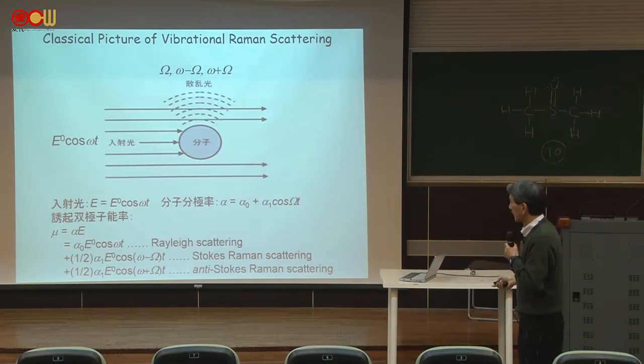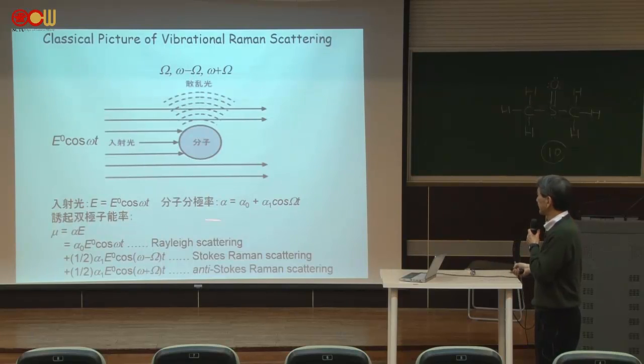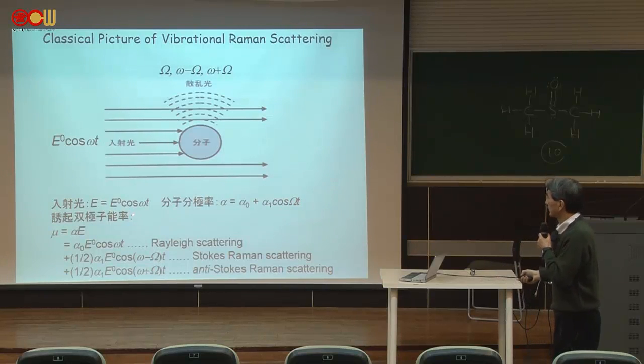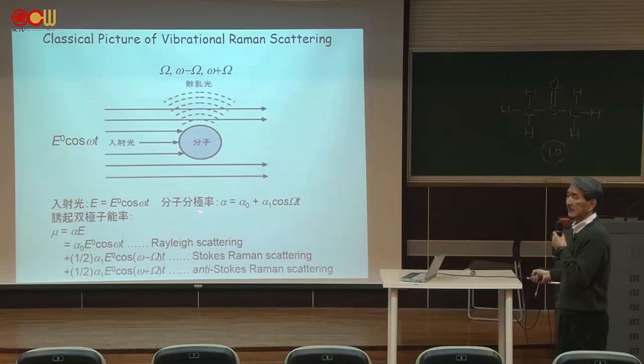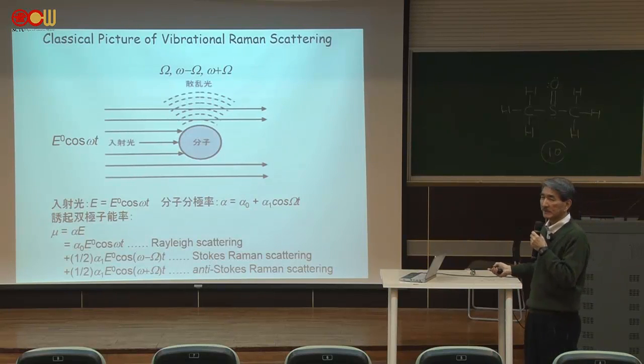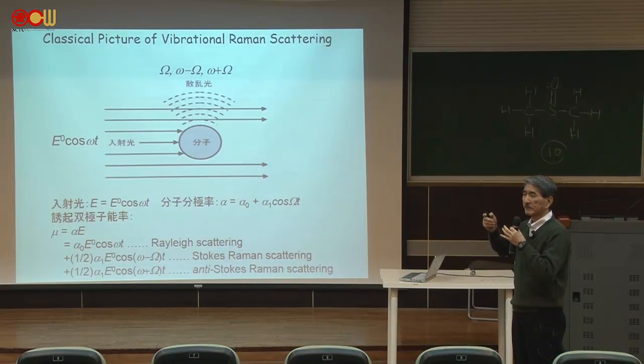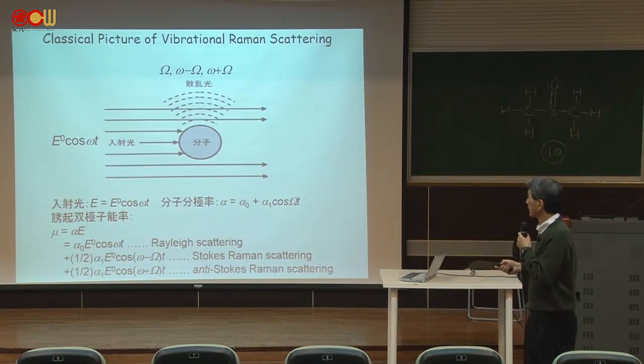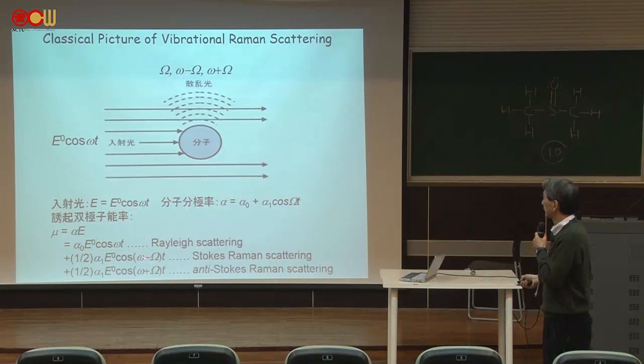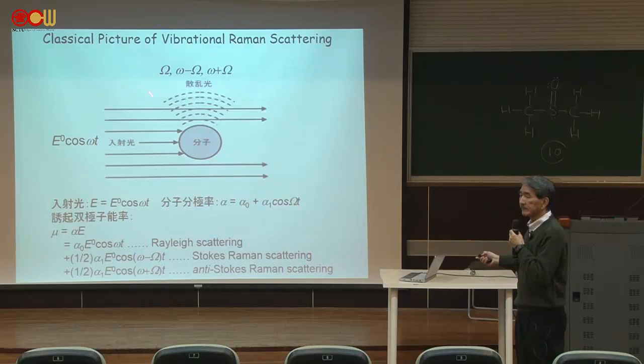And because you have two cosines, cosine small omega t and cosine large omega t, from that you have small omega plus large omega and small omega minus large omega. Maybe you learned it in high school days. The product of cosines gives omega plus or minus omega. And also from this part, you have the same frequency. The same frequency part corresponds to Rayleigh scattering with small omega.